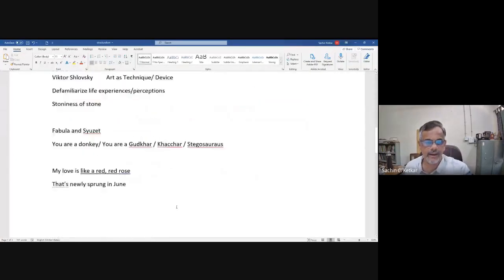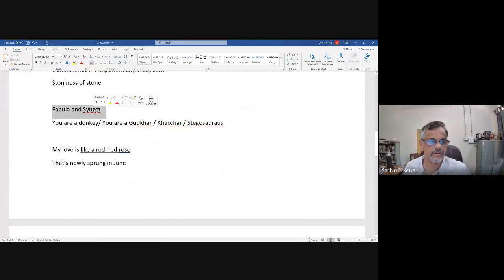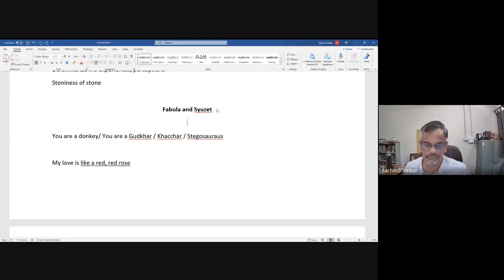So sujet is the set of those devices used by the storytellers which make a story interesting, and very often they defamiliarize the storyline, right? So it's also called story versus discourse. Story is fabula and sujet is called discourse. So these are the distinctions given by Shklovsky, right?